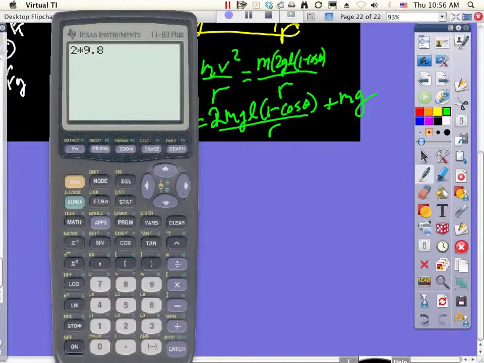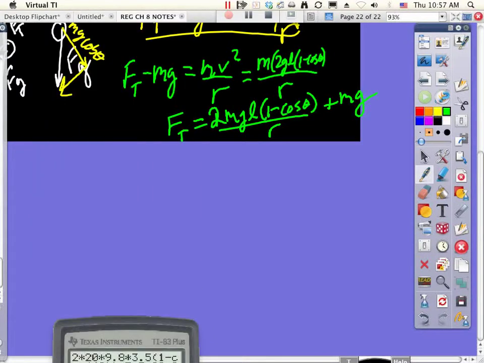I'm glad they told us that. 2 times 20 times 9.8 times 3.5, open parentheses, 1 minus cosine of 40, all divided by 3.5 plus 20 times 9.8. Enter. And we get 287 newtons.